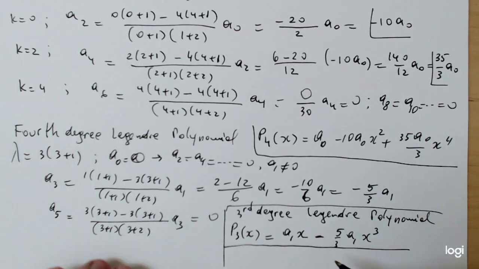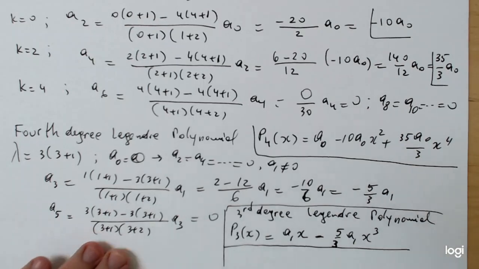Okay, so it's going to be of degree 3, containing only odd powers, obviously. So there's only 2 terms, because the only odd powers up to 3 are x to the power 1, x to the power 3.